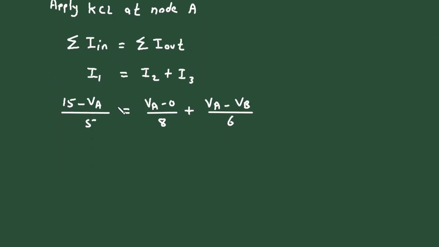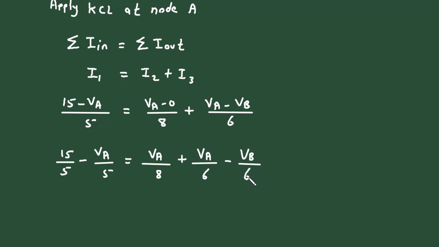Now if we separate this, it will be 15 divided by 5 minus VA divided by 5 is equal to VA by 8 plus VA by 6 minus VB by 6.